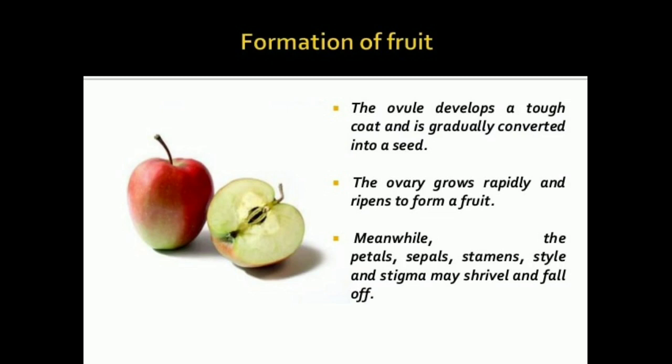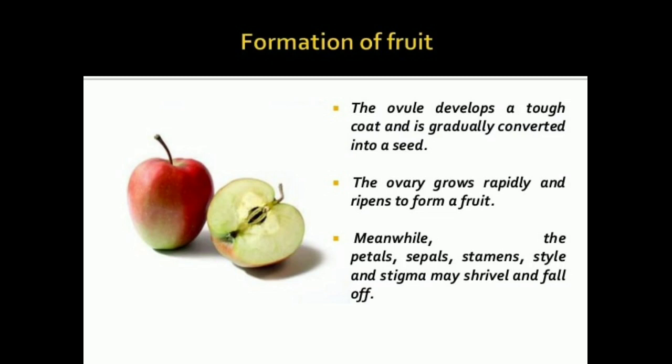So after fertilization, the ovary will become the fruit of the plant, and the ovule will become the seed. So the seed will give rise to the next generation, right? Meanwhile, the petal, sepal, stamen, style and stigma may shrivel and fall off from the plant.